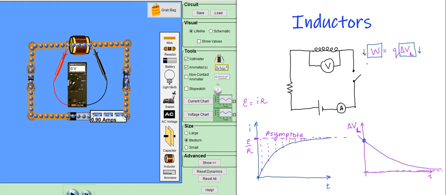But as time went by and this potential difference dropped, the amount of work that the inductor was doing against the electrons decreased. And so the energy here, there's some sort of an energy play, right? We're either using up a lot of energy to fight against this inductor, that's one way to look at it, or the inductor is demanding a lot of energy and using a lot of energy from the circuit.